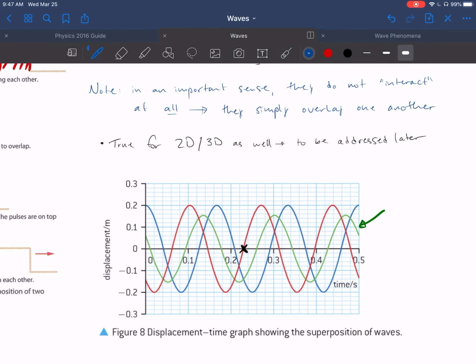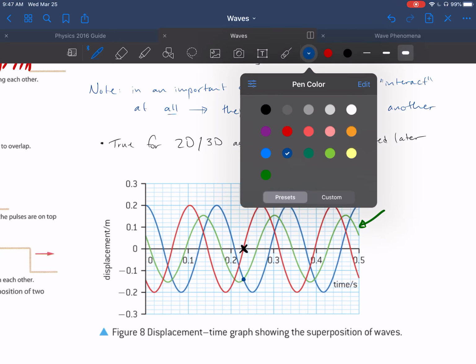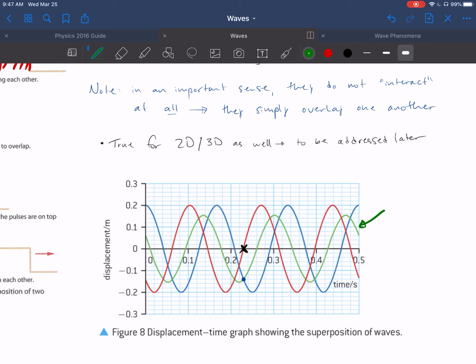And we can see that at exactly this point where the red wave crosses the horizontal axis, the green wave is exactly the same amplitude as the blue wave alone.